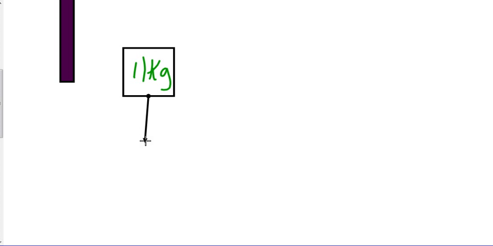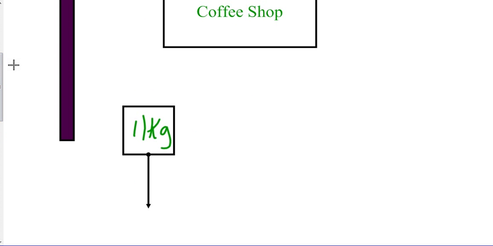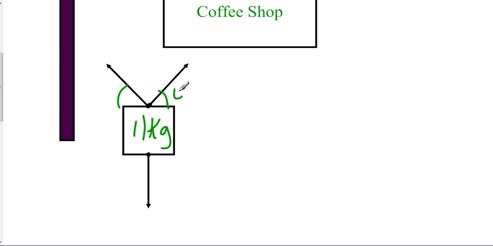So we know that if it's 11 kilograms, it's going to have a mass, a weight that goes down. We also know that we have 2 cables, so we have 2 tensions that are going like this. And we know that these are each 41 degrees.